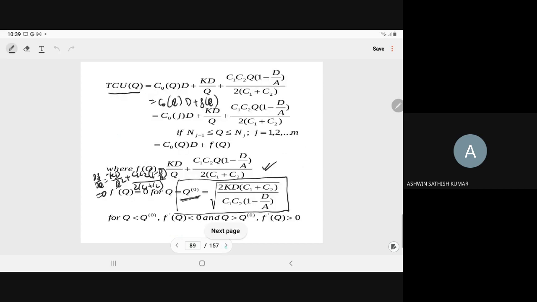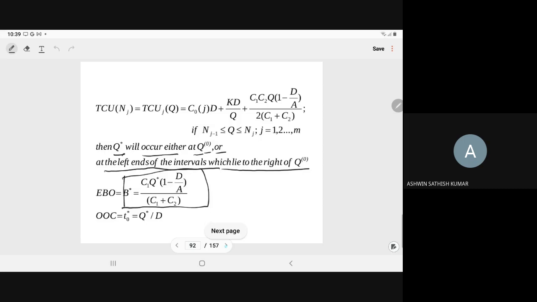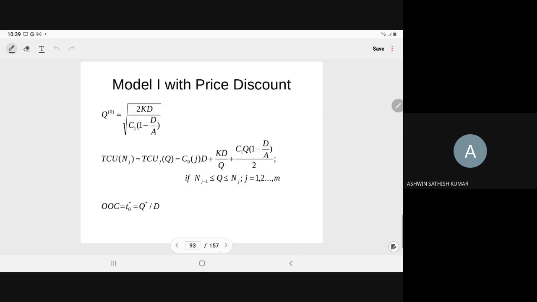And T naught star is Q star upon D, and then the TCU. TCU will be where we have the minimum TCU.